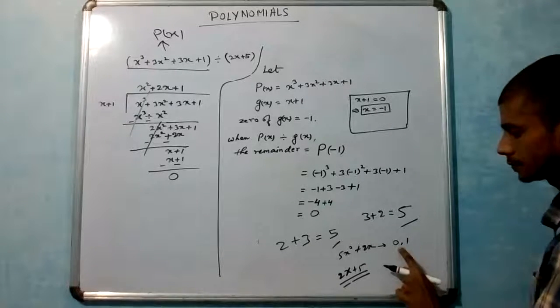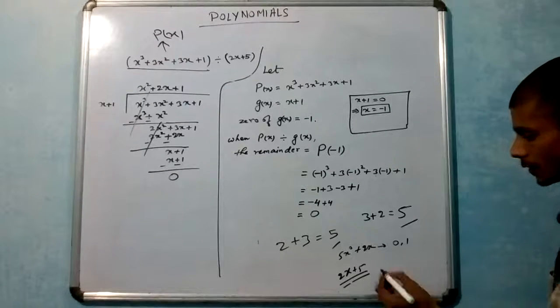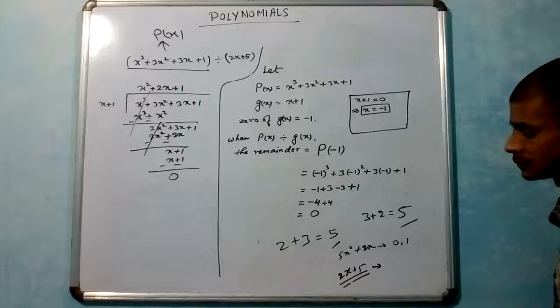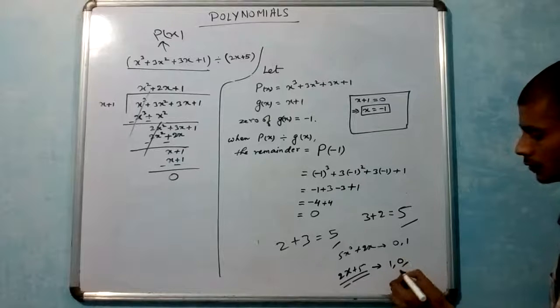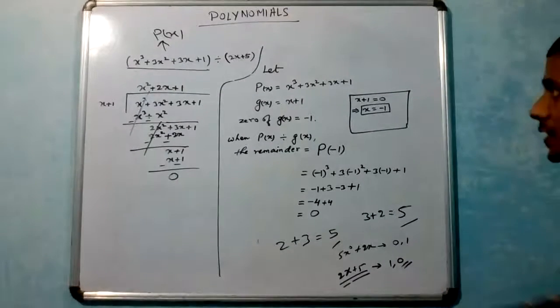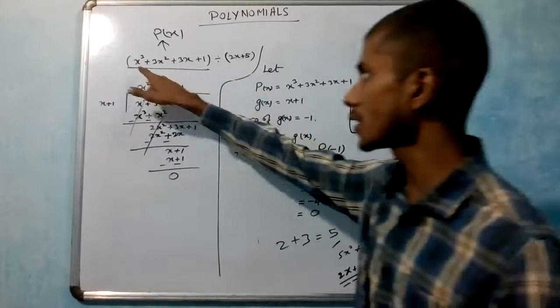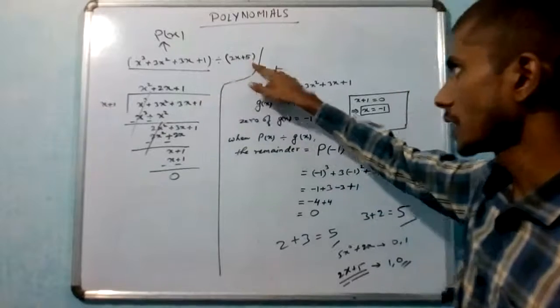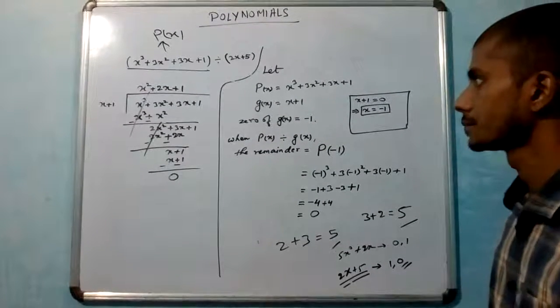Is it descending order? That's why I arranged here 2x plus 5, because the very first step is to arrange the polynomials in the descending order of their powers. Okay?